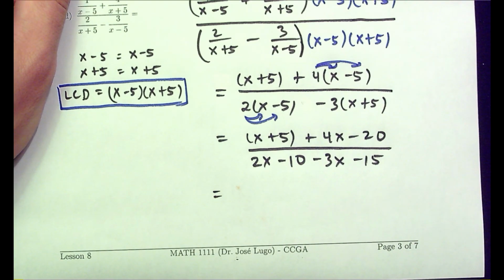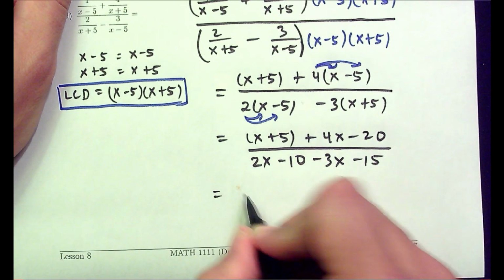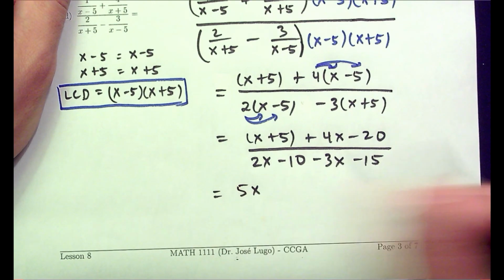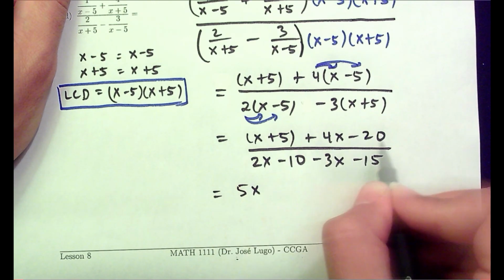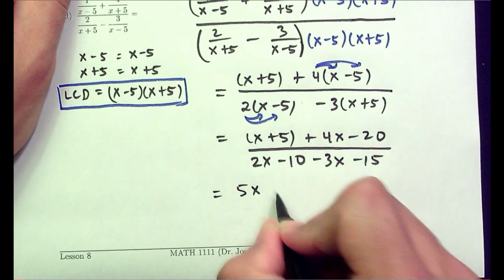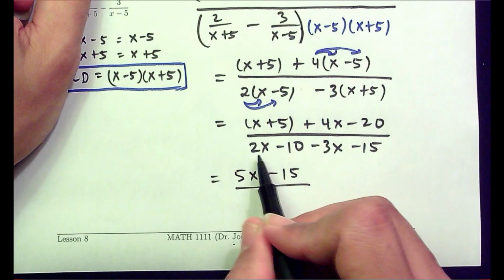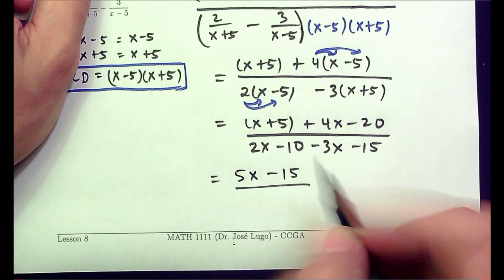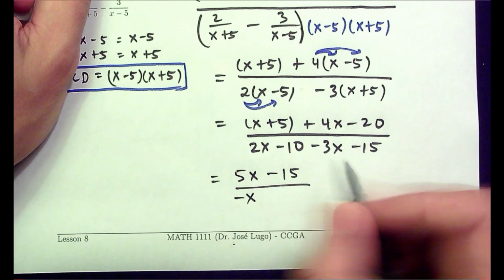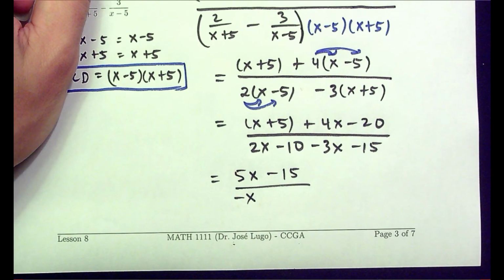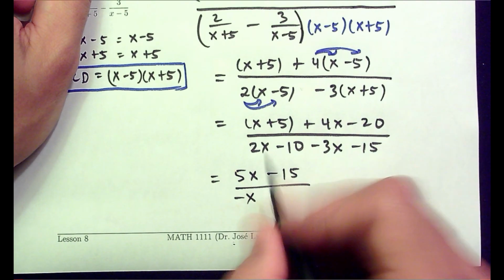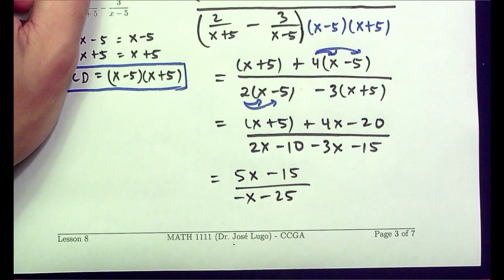Now collecting like terms, you have 5x on the top, and then positive 5 and minus 20 is negative 15. And on the bottom, 2x minus 3x is negative x, and negative 10 minus 15 is negative 25.